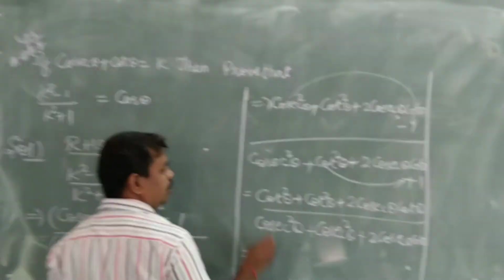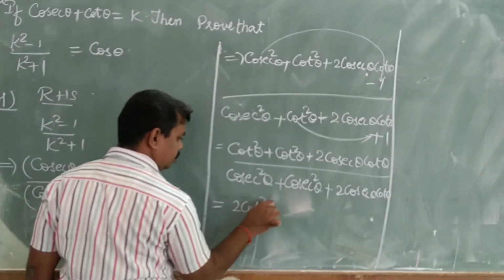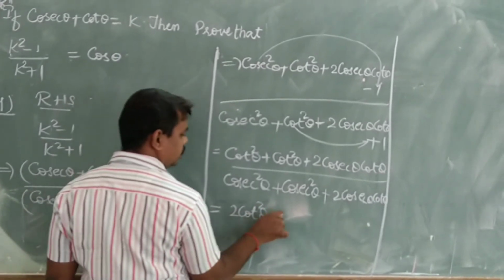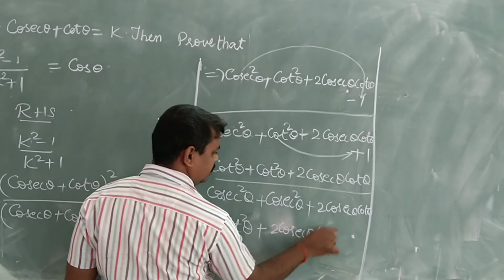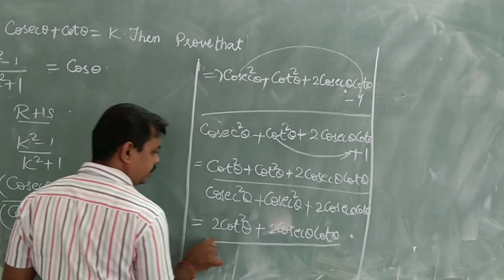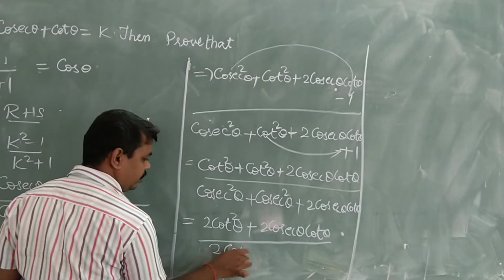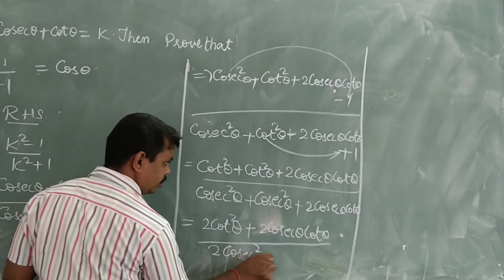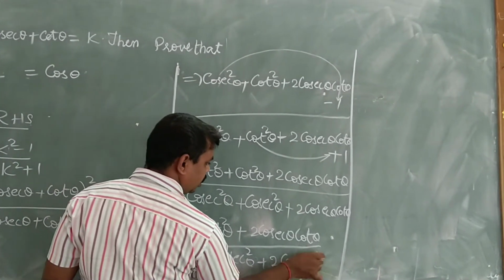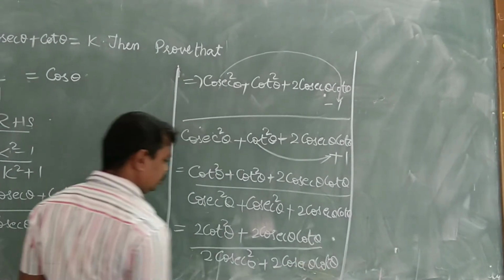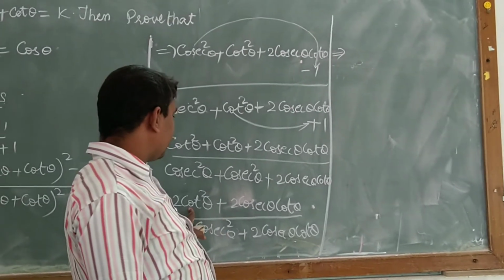That implies cot square theta plus cot square theta, 2 cot square theta, plus 2 cosecant theta cot theta, by cosecant square theta plus cosecant square theta, 2 cosecant square theta, plus 2 cosecant theta cot theta. The common part you observe here, 2 cot theta.